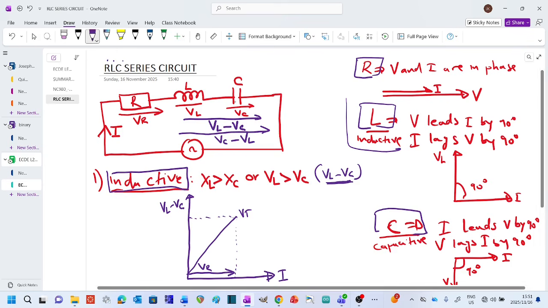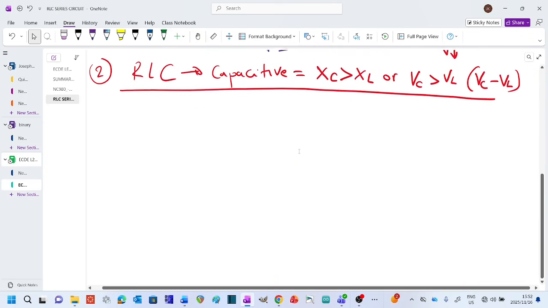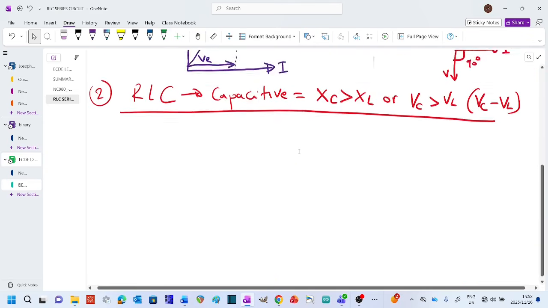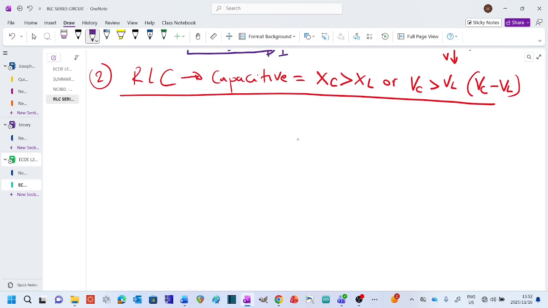And what happens in a capacitive circuit? In a capacitive circuit, the current leads the voltage by 90 degrees, which means the voltage lags the current by 90 degrees. So what does that mean? We have one current, which is our point of reference, a vector pointing to the right, I. How is the voltage of the resistor versus the current?